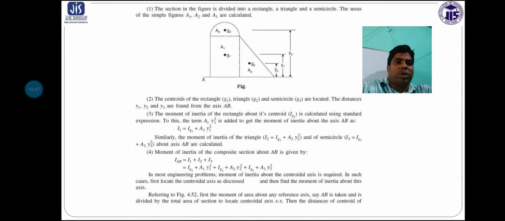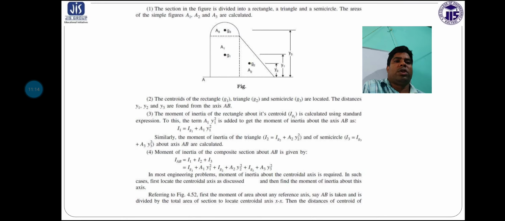Now the moment of inertia of the composite section about AB is given by I_AB equal to I1 plus I2 plus I3. Putting all the values, Ig1 plus A1 y1 square plus Ig2 plus A2 y2 square plus Ig3 plus A3 y3 square.